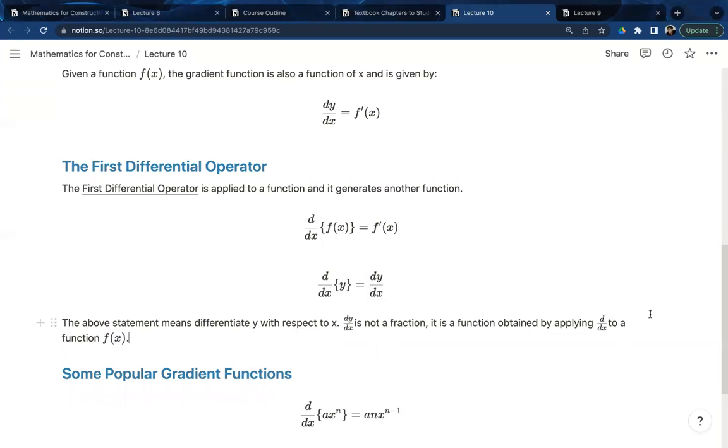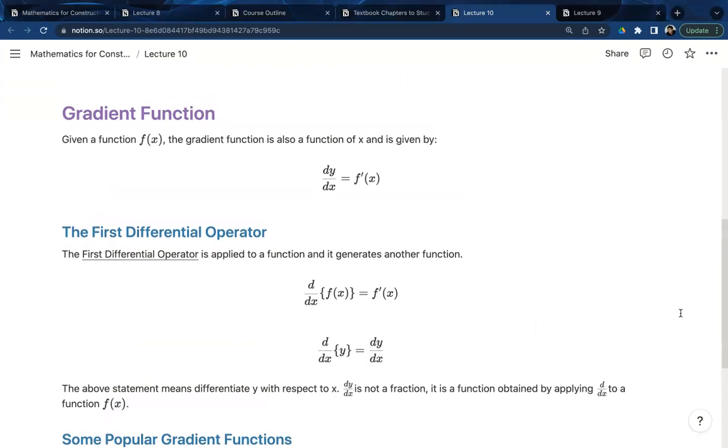Okay. So this terminology will be a little different for you guys to grasp, okay? The gradient function dy dx is a function. It is obtained from the original function f of x by applying the first differential operator.